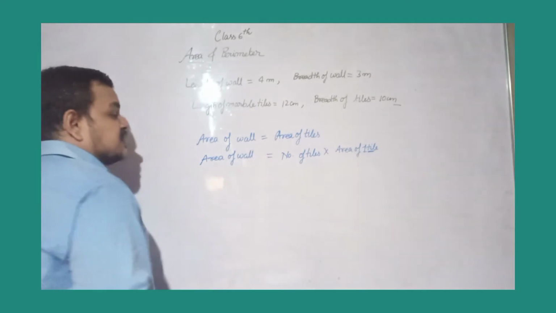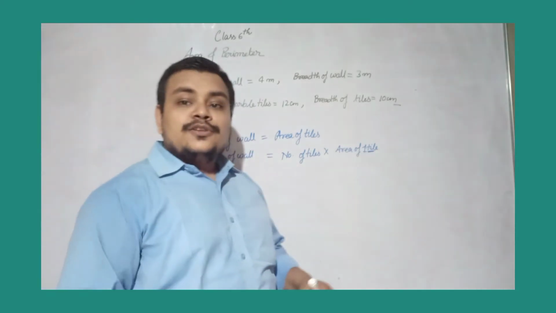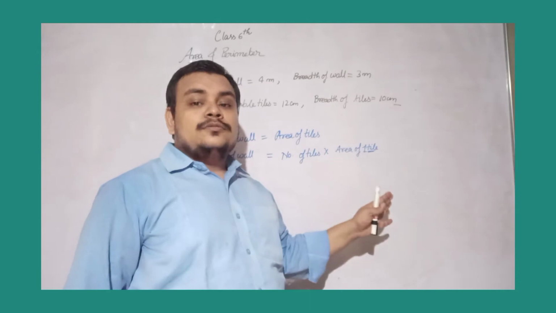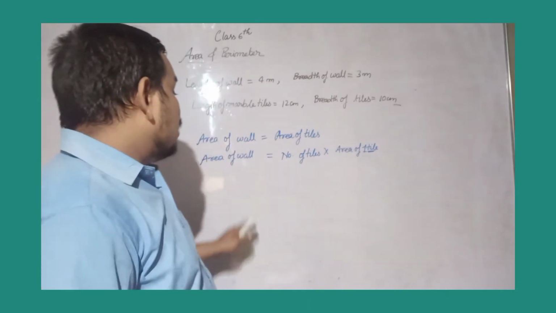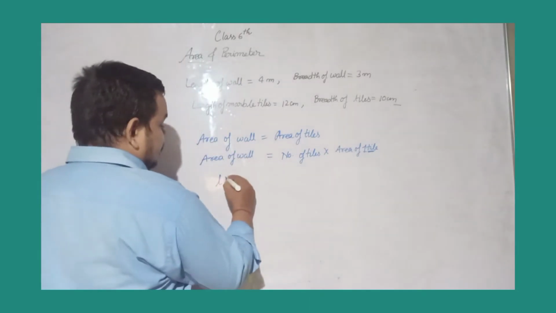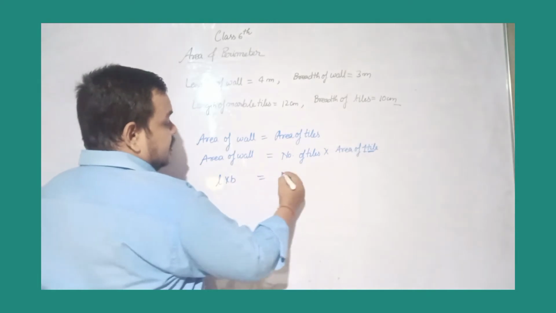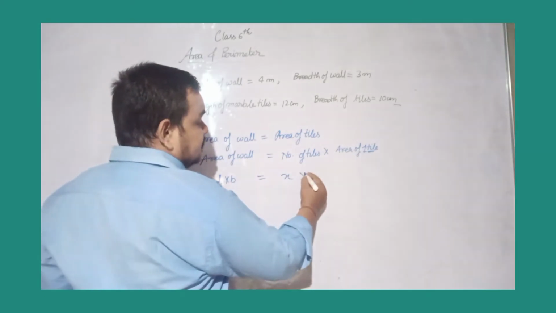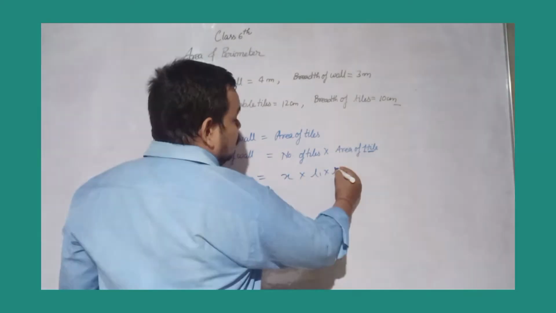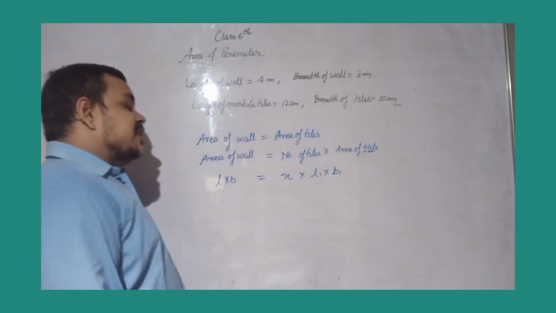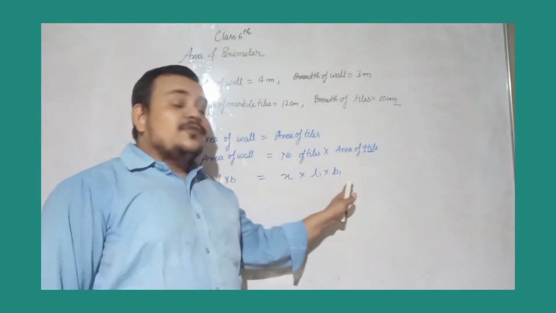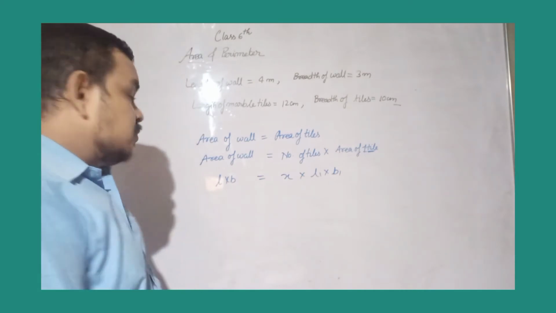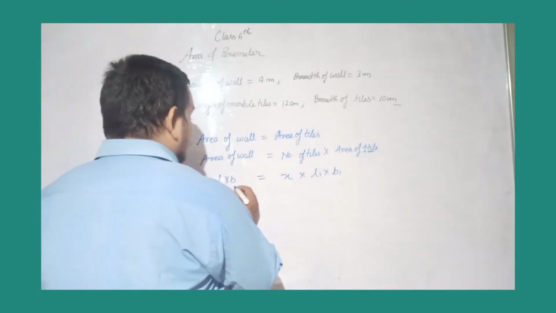Both are in the same shape, a rectangle, so in both the formulas will be the same. So it became L into B, and here the number of tiles will be X, and it became L1 into B1. I have written L1 into B1 so that it will not create confusion.